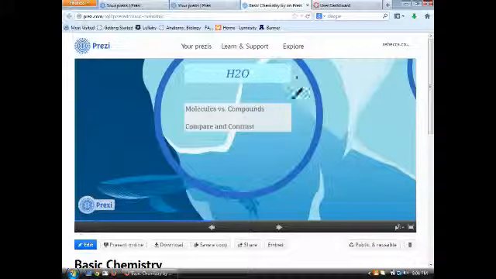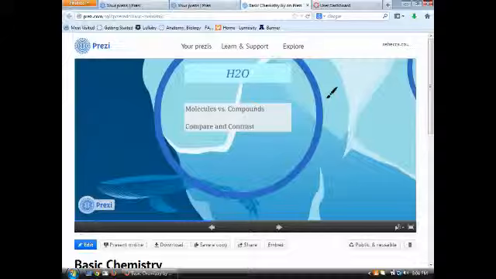So, looking at the example of water, we have two hydrogens and one oxygen. With there being two hydrogens and one oxygen, that makes three atoms, which makes it a molecule, right? It has at least two atoms in it. It's also a compound because it has both oxygen and hydrogen, two different elements.